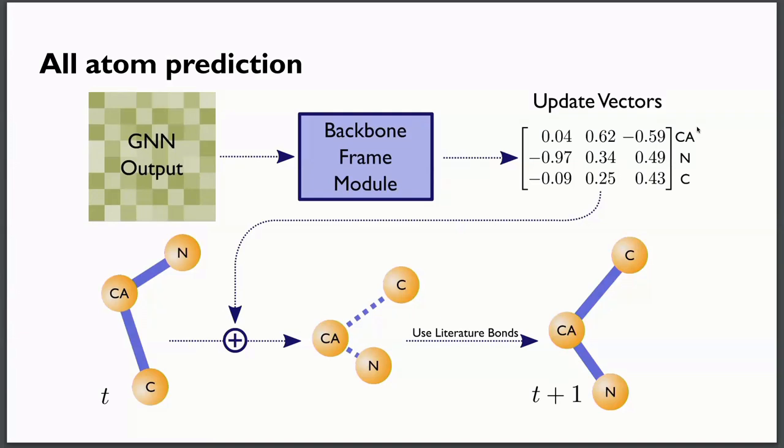So for example, the backbone frame module rotates the backbone frame triangle for each of these using the node features.